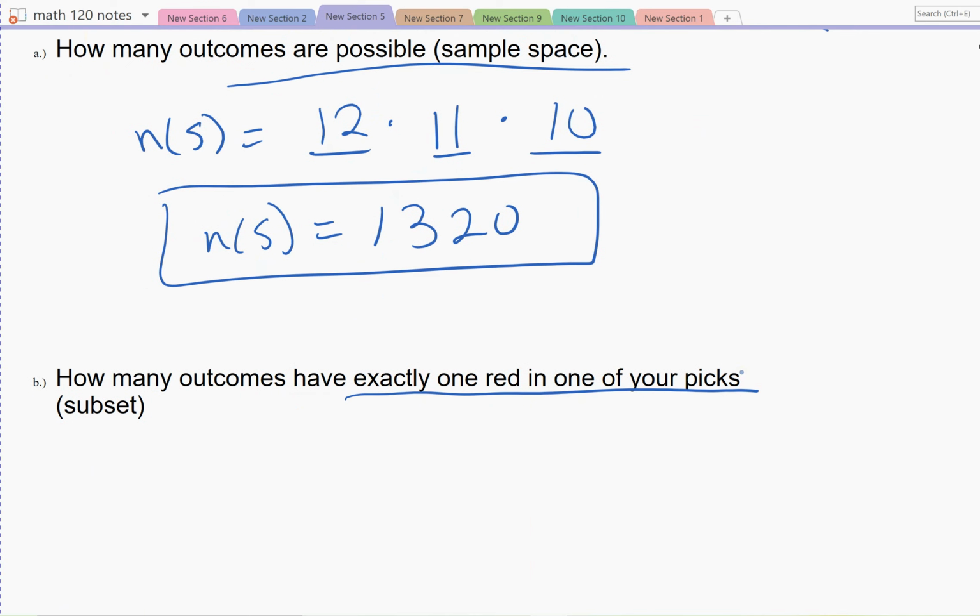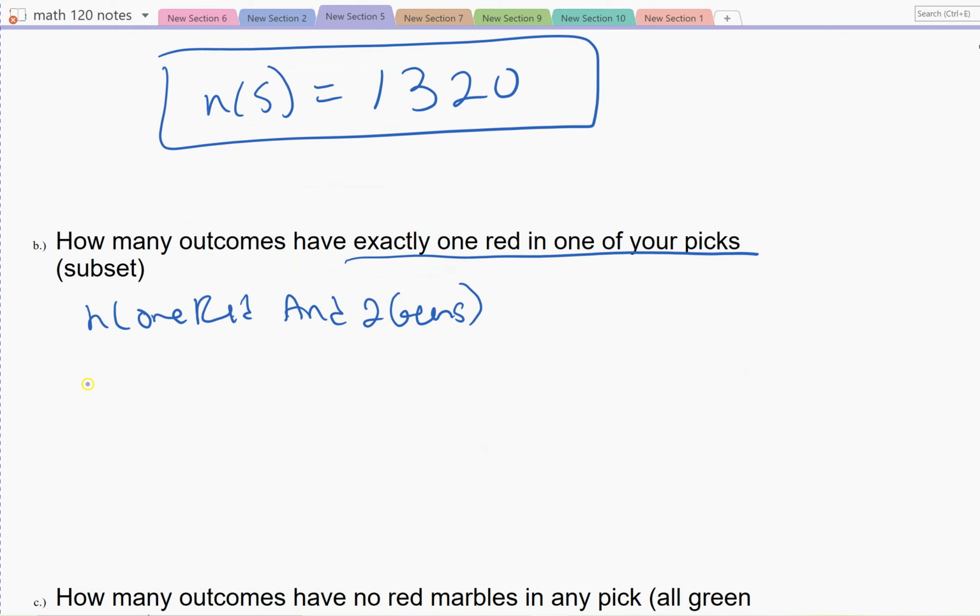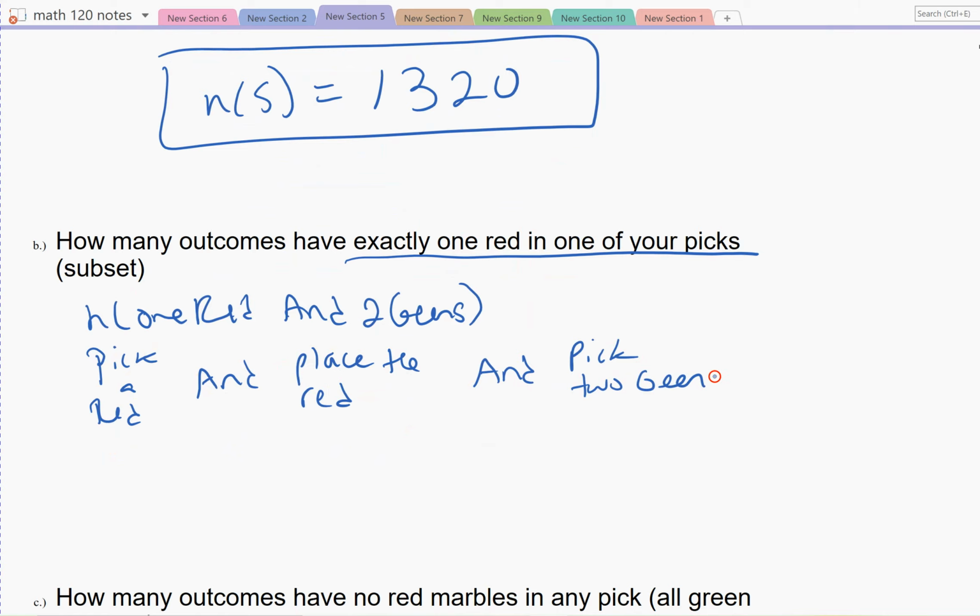So how many ways can I pick exactly 1 red? So I want 1 red, which means I need 2 greens. No repeats. And so same setup. First thing I have to do is I have to pick a red and then place the red in one of my selections and then pick 2 greens.